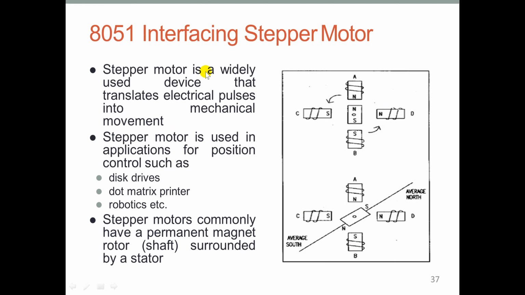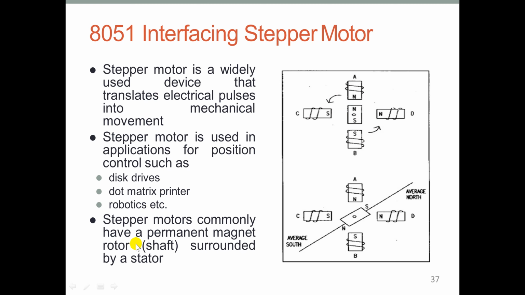The stepper motor is a widely used device to translate electrical pulses into mechanical movements. It is used in applications like disk drives, dot matrix printers, and robotics. In the viva they may ask you these questions: what is a stepper motor, what are its applications.